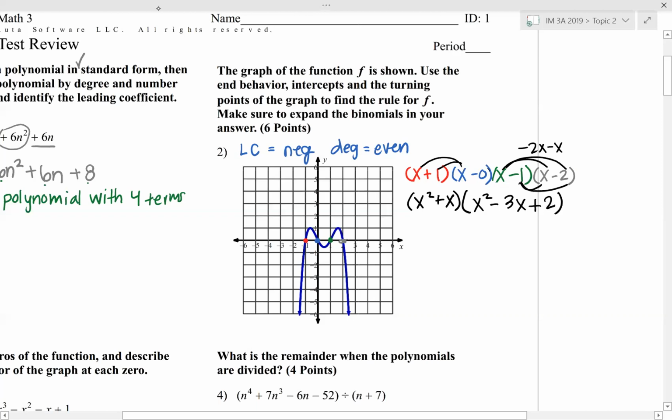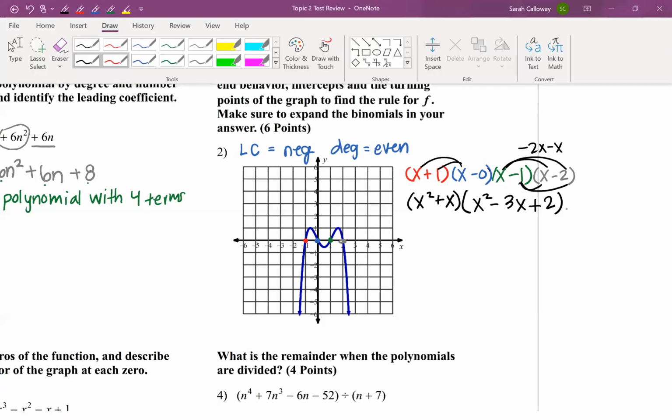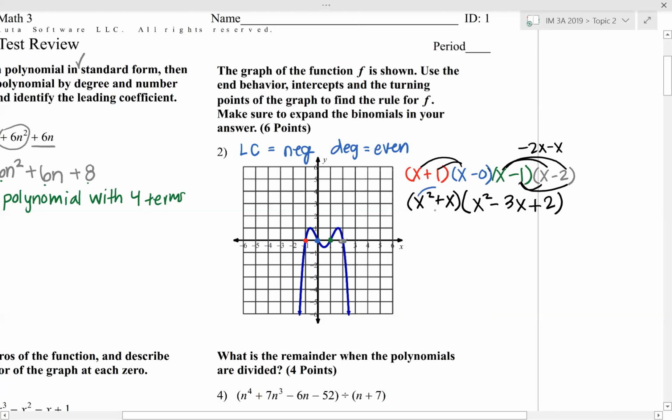Then we have to distribute out this binomial times this trinomial. So we're going to get x to the 4th minus 3x cubed plus 2x squared.